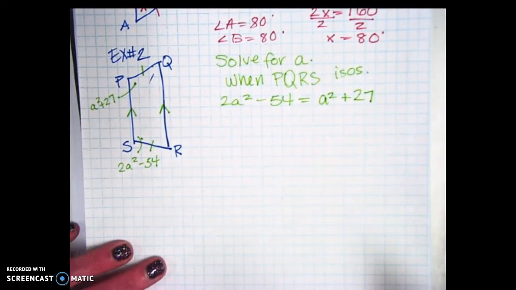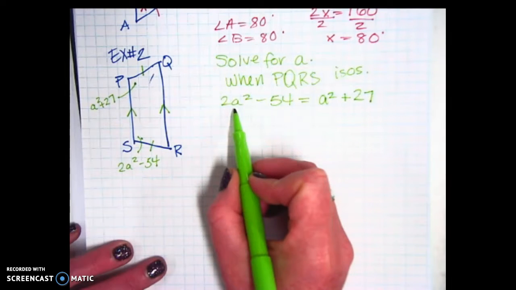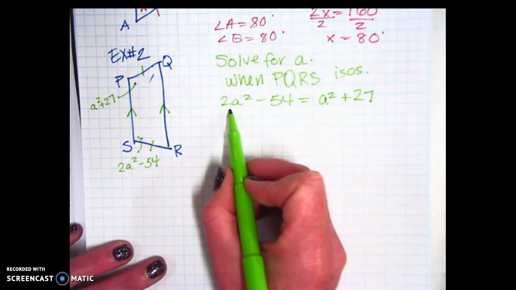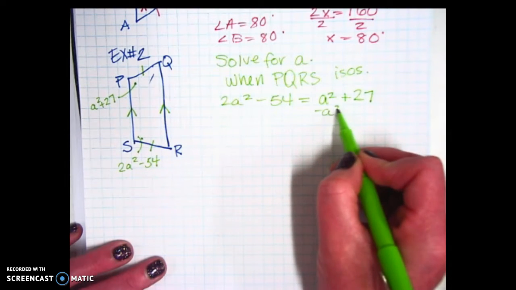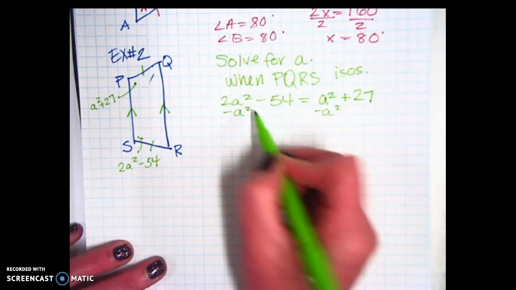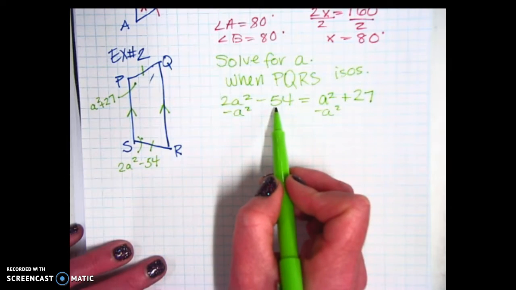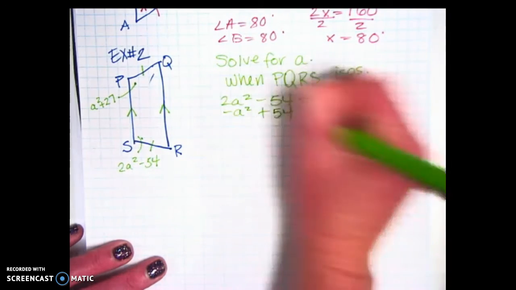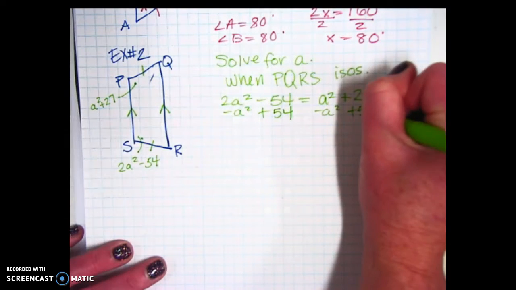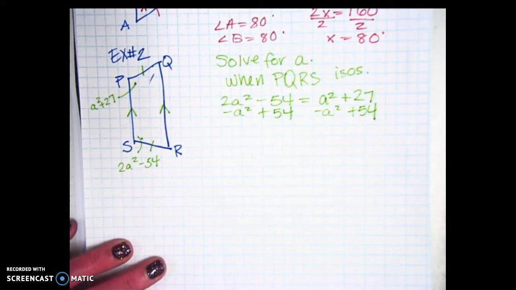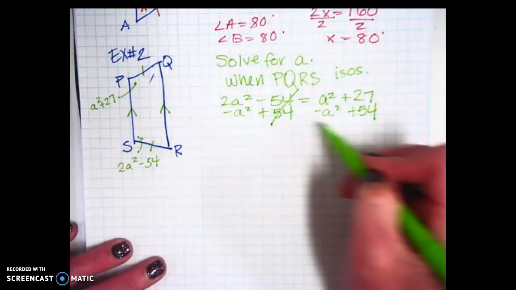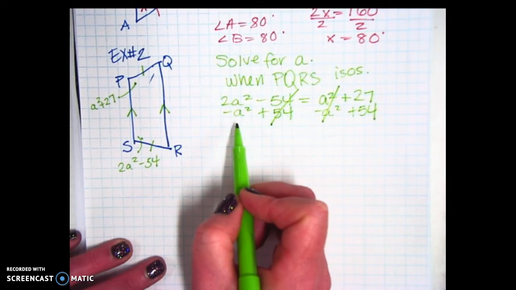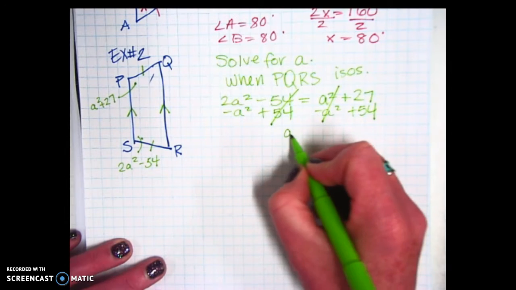And I'm noticing that I've got a term with a squared on this side and a term with a squared on this side. So this one's larger, so I'm going to subtract the a squared from both sides. I also want to move that 54 over here, so I'm going to add 54 in the same step. But you could technically do that in 2 steps, right? These are opposites, they cancel. These are opposites, they cancel. 2a squared minus 1a squared leaves us with a squared.